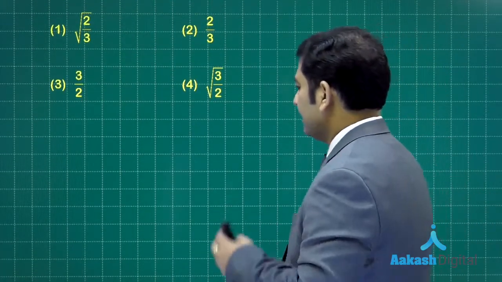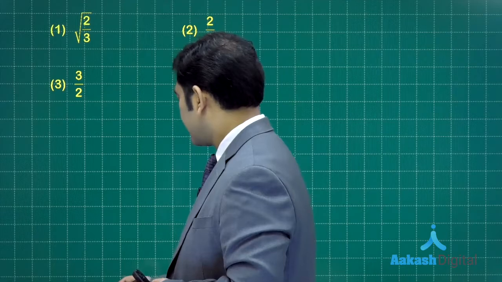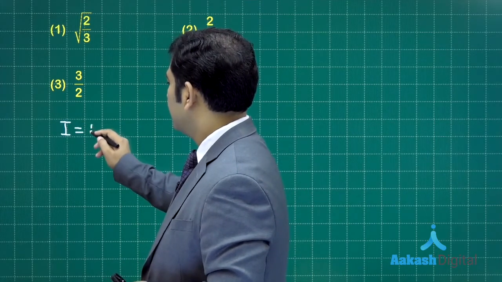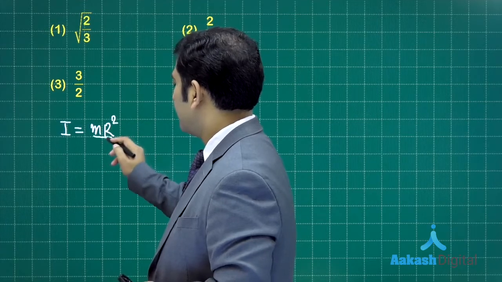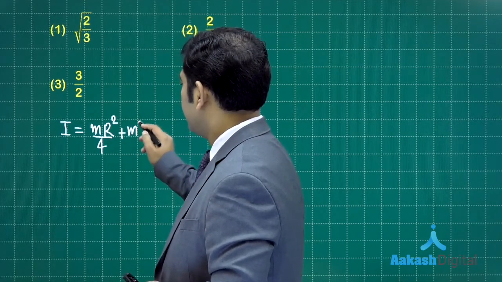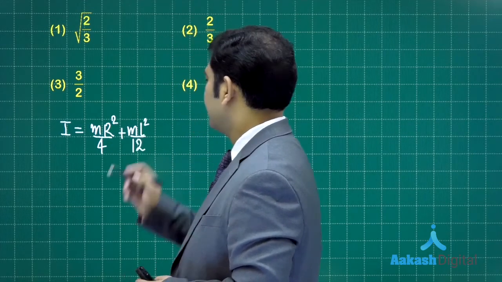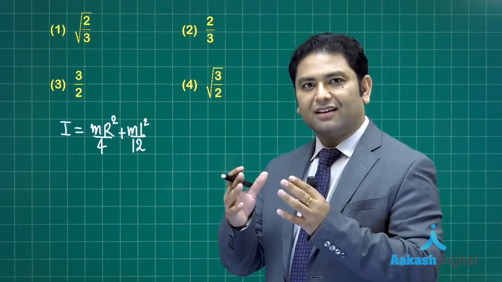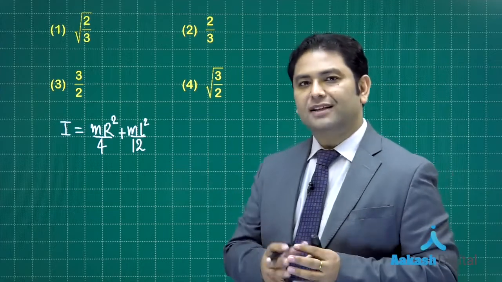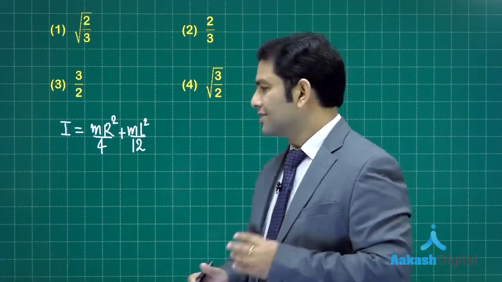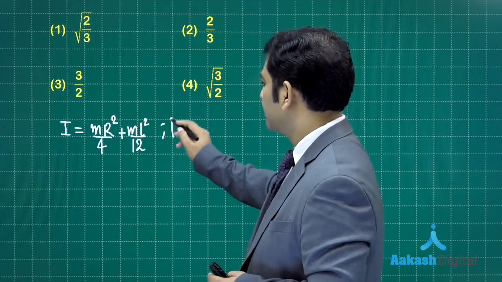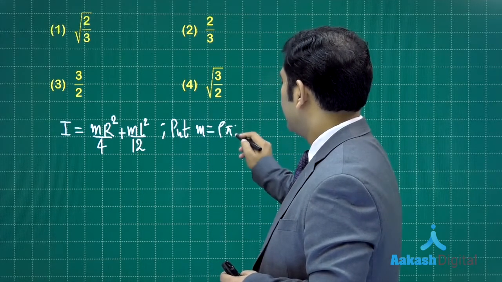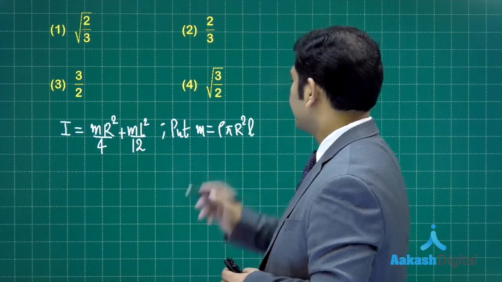and we need to search out that condition for which the moment of inertia would be minimum. Starting with the expression of moment of inertia, that is equal to mr square by 4 plus ml square by 12. Now the main job is that we need to search for a condition related to R and L. So I will put the value of mass m as rho into pi r square multiplied by length.